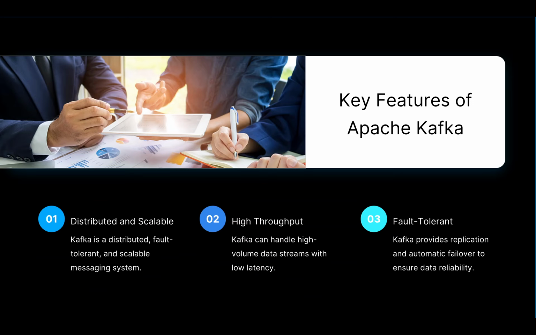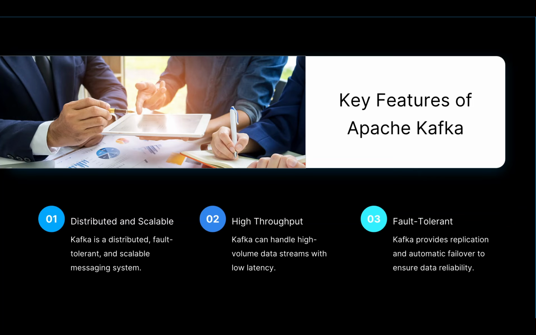As I've said, some of the key features of Apache Kafka: it's distributed and scalable. So you don't need to worry when you have an application where the data, let's say messaging or logging, will increase exponentially.